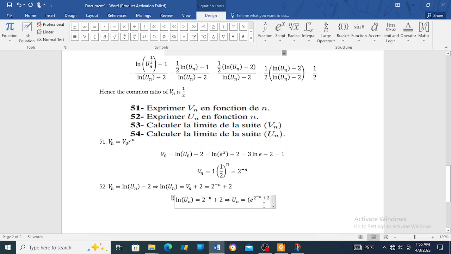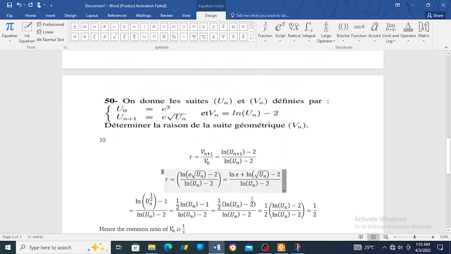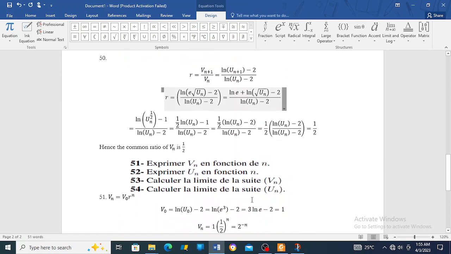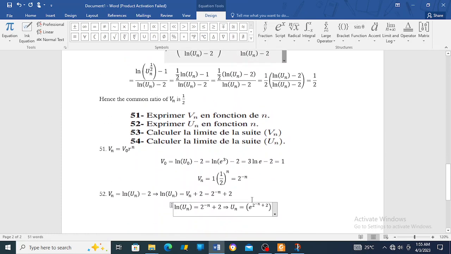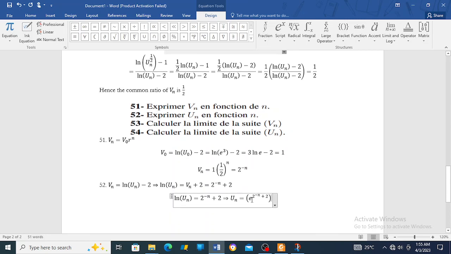Okay, so we can verify if n is equal to 0, our u0, is it e cubed? Let us verify keenly. We add 2 on both sides, and then we have this.